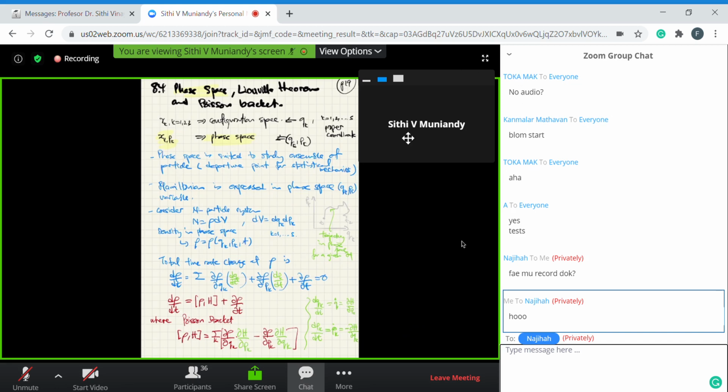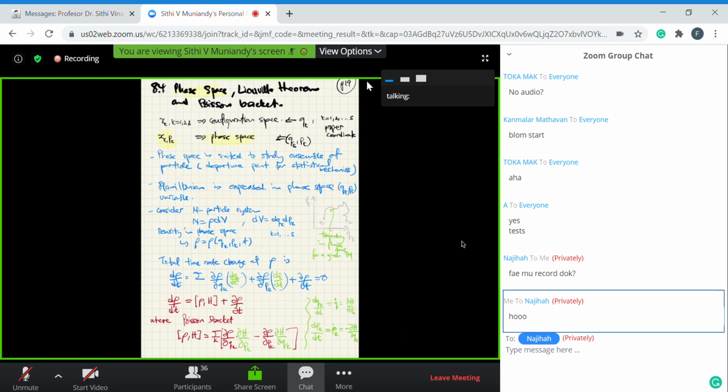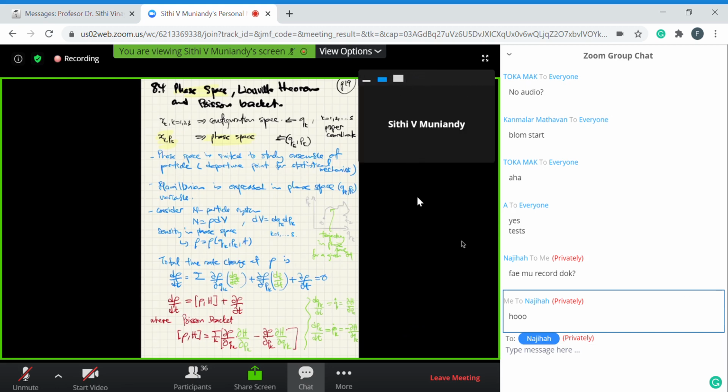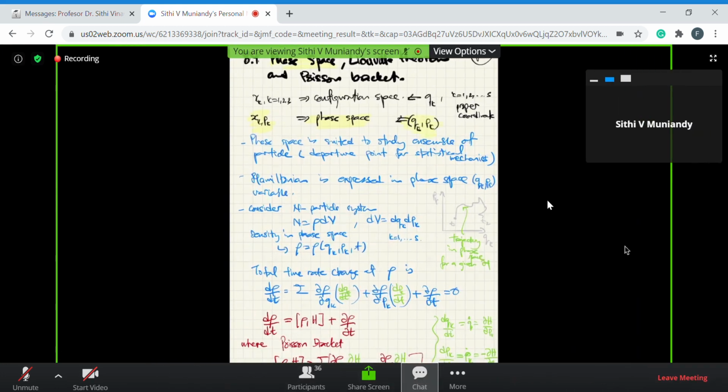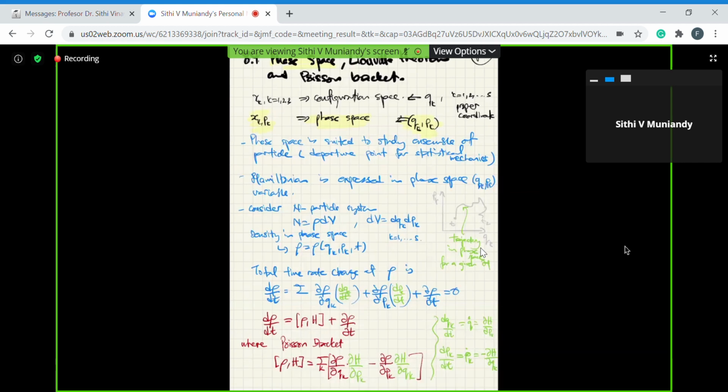Okay, so essentially phase space defines the state of a mechanical system. This is a very powerful concept which can generalize to generalized momenta P_k and Q_k. So P_k and Q_k essentially talk about the phase space.